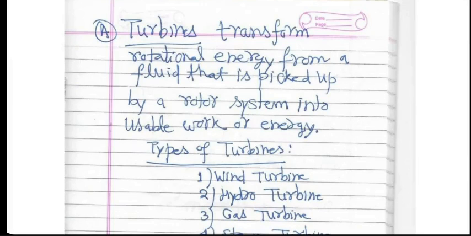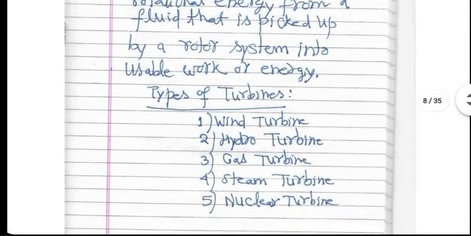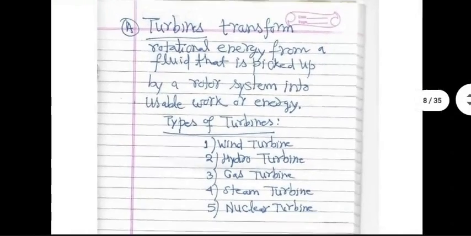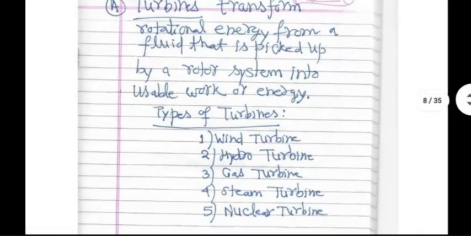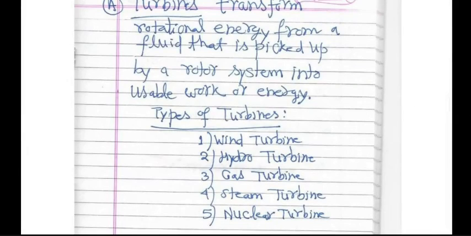This is not a course on turbines, so I will not give you too much detail, but at least the names must be known to you. Turbines can be wind turbines, where the wind pressure is used to create the rotation. They can be hydro turbines, where the water pressure using large dams is used to create the rotation.